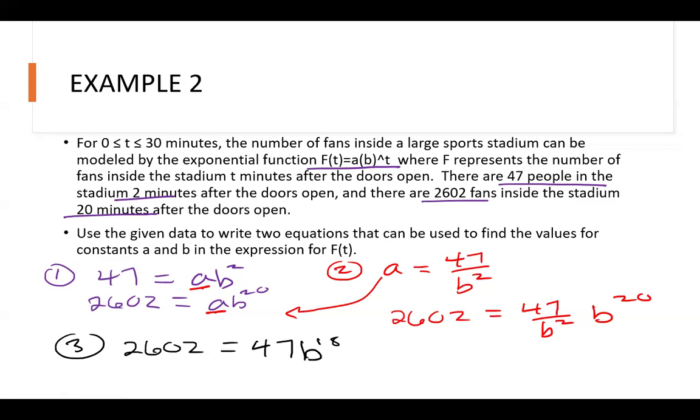So we simplify. Now our goal is to get B by itself. So to get B by itself, I'm going to divide both sides by 47. When I divide by 47, let me open up the calculator.